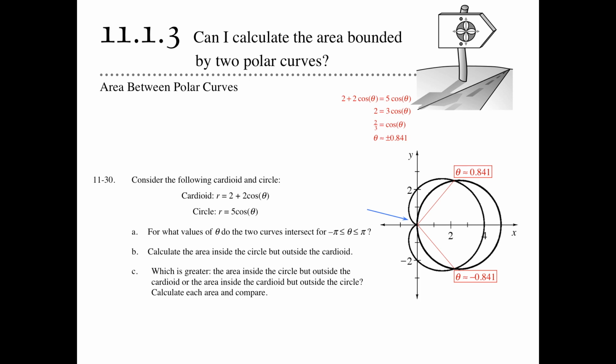Your students might wonder why the system of equations failed to locate this third intersection point. Now, the answer to that question can be revealed by evaluating each equation at r equals 0. Doing so will show that when r equals 0, theta will equal pi for the cardioid and pi over 2 for the circle.